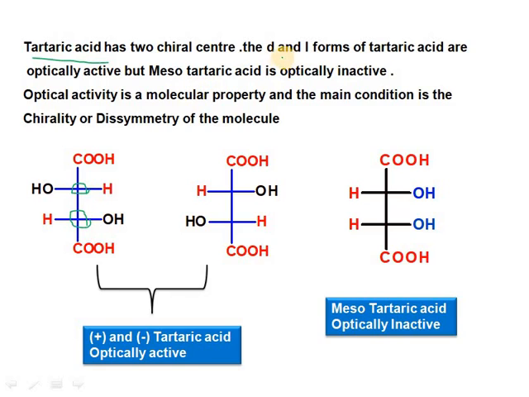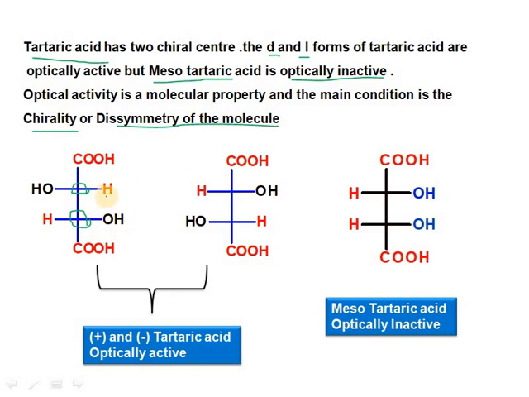But out of these four, two are D and L, dextrorotatory and levorotatory tartaric acid, which are optically active, and the other is meso tartaric acid, which is optically inactive. Optical activity of molecules is a property conditioned by the chirality or dissymmetry of the molecule.